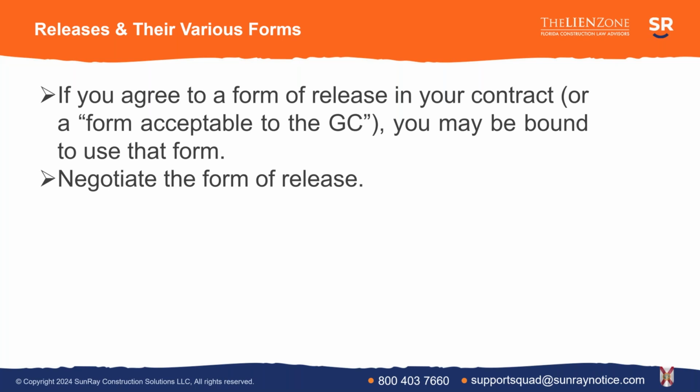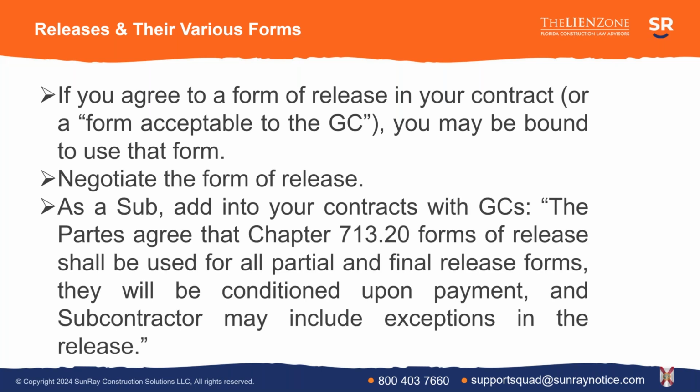So you need to negotiate the form of the release. As a subcontractor, I would recommend that you add language to your contract that says something like, the parties agree that Chapter 713.20 forms of release shall be used for all partial and final release forms.